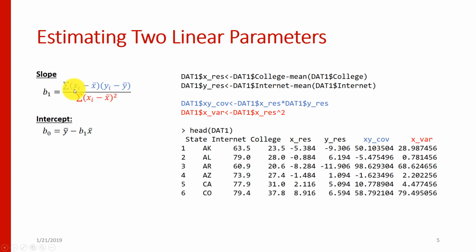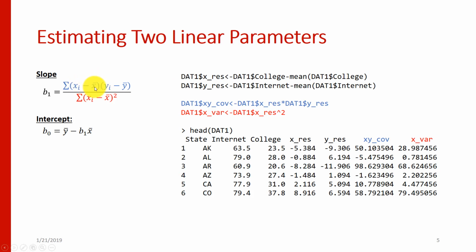Well, we want to see: are x's that are above the mean going with y's that are above the mean? Because if this value is positive, x is greater than the mean, and this value is positive, y is greater than the mean, then the end result when I multiply those together is going to be a positive number.